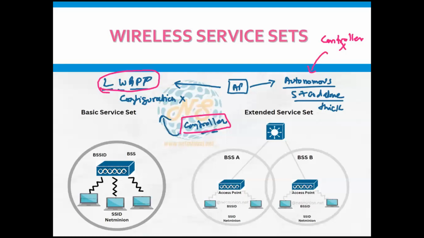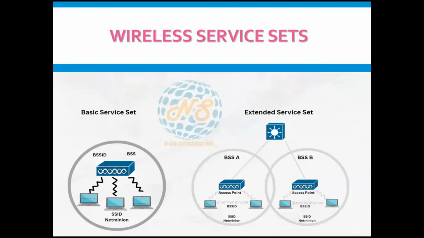Now, let me talk about one more point here. Let us say you are purchasing the APs for your environment. You need to do a couple of things. First, you need to do capacity management.